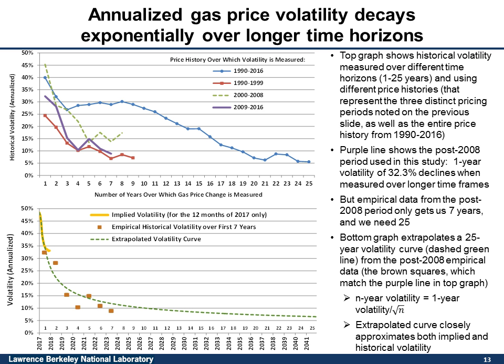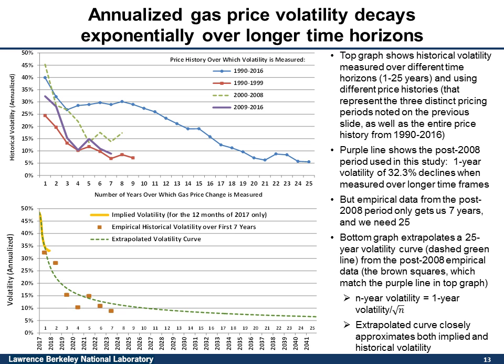Just as wind and solar resource uncertainty declines over longer time horizons due to mean reversion in the interannual resource variability, so too does gas price volatility decline over longer time horizons due to an element of mean reversion. Now, because we're focusing just on the gas price history since 2008, we can't actually empirically measure gas price volatility over periods of longer than 7 years, when what we really need are 25 years.